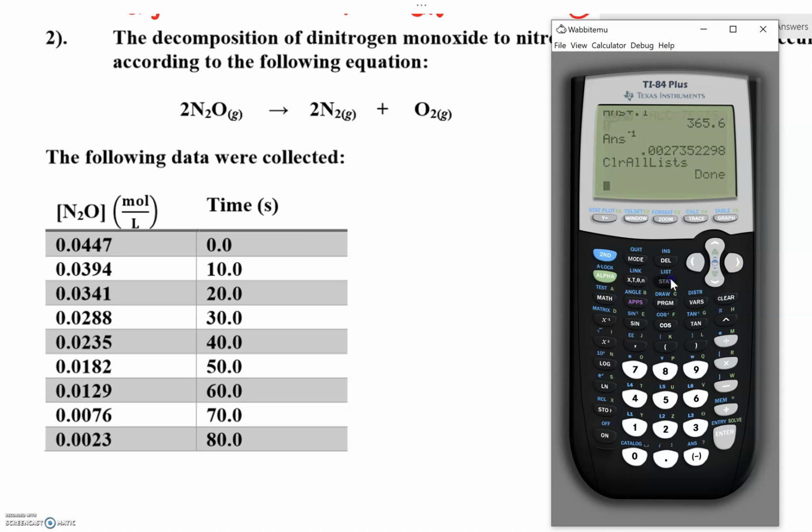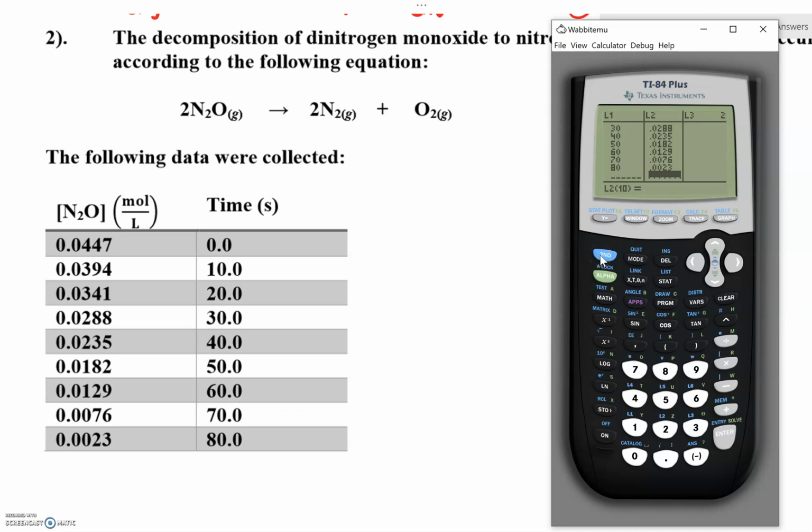My calculator is not happy with me. Let's edit. There we go. 0.0182, 0.0129, 0.0076, and 0.0023. Looks like we're in good shape.